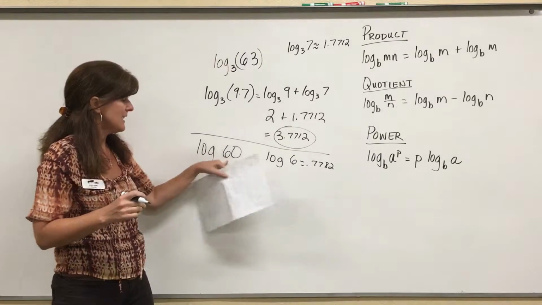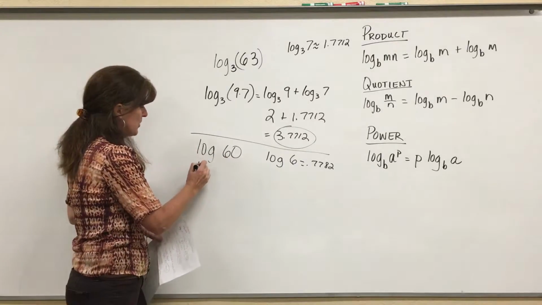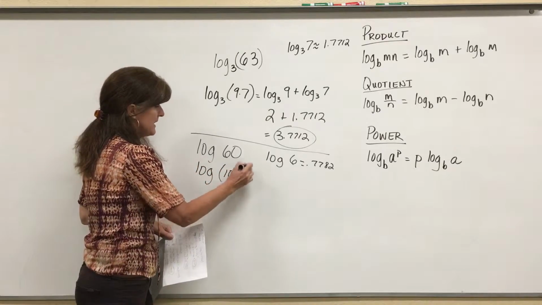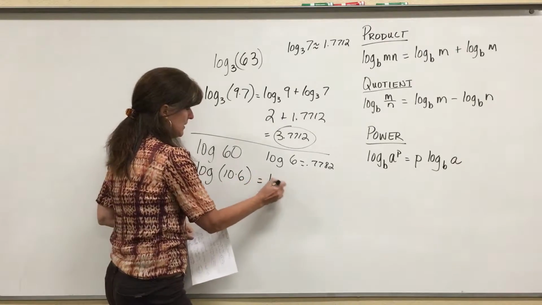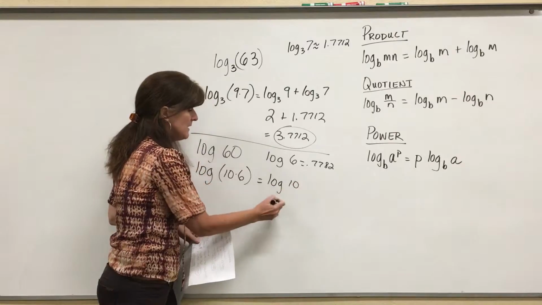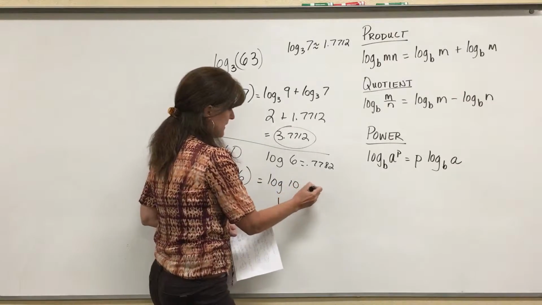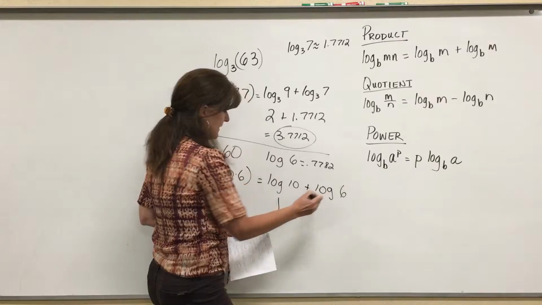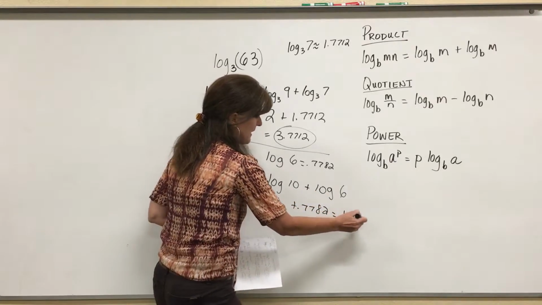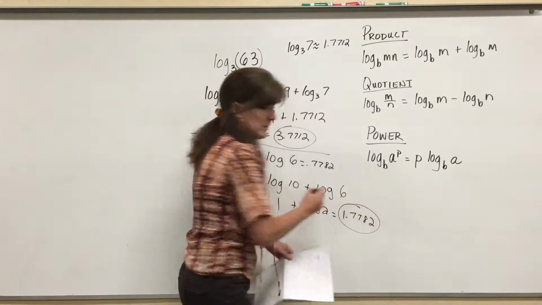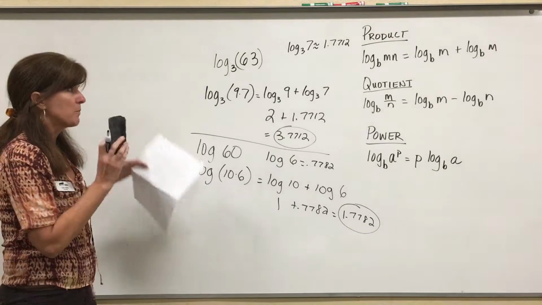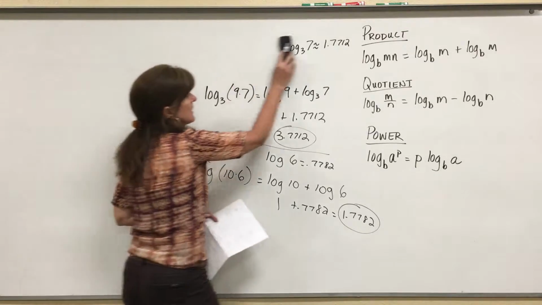So knowing this, we are going to break this up into log of 10 times 6, and log of 10, remember, that's base 10, so 10 to the what is 10? 1. Plus log of 6, and that equals 0.7782, so my answer is 1.7782. So look over that for a second and make sure that makes sense. You're just breaking it up based on the information that you're given.